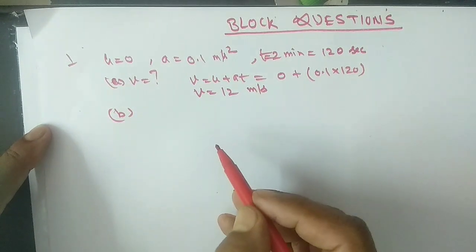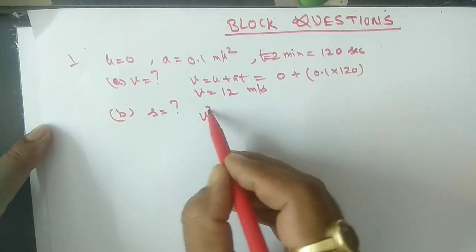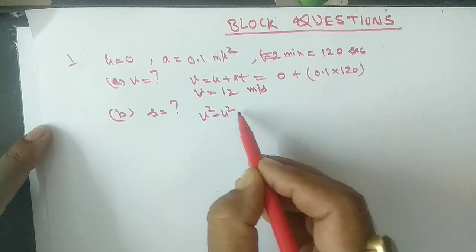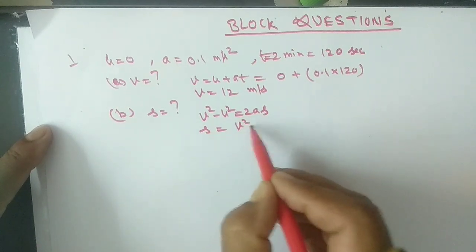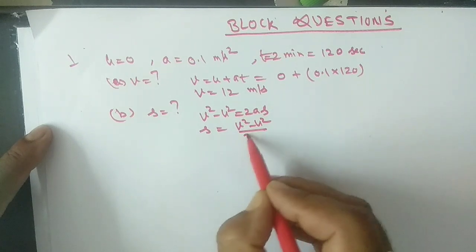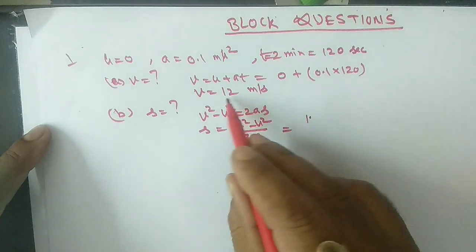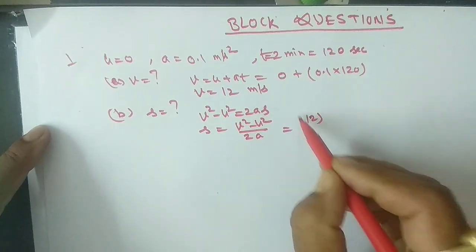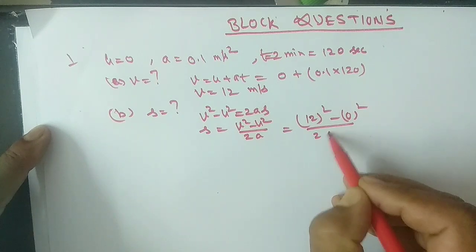Now see its b part. In the b part you have to find the displacement. So using the formula v square minus u square is equal to 2as, S is equal to v square minus u square upon 2a. Because we already have v is equal to 12, so 12 square minus initial velocity u square upon 2 into 0.1.